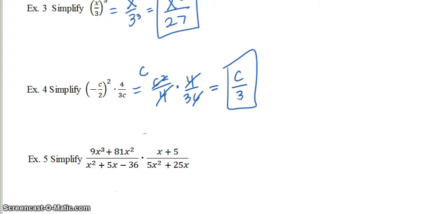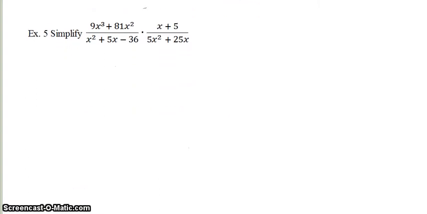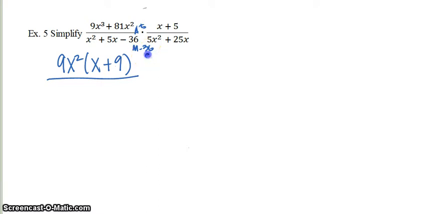Okay, number 5. We need to do some factoring. So what's the GCF of the top numerator for the first one? That's going to be 9x squared, so that leaves you with x plus 9. And then the bottom, I know I need that to add to 5 and multiply to -36, so that gives me a 9 and a -4. So that gives me x plus 9, x minus 4.